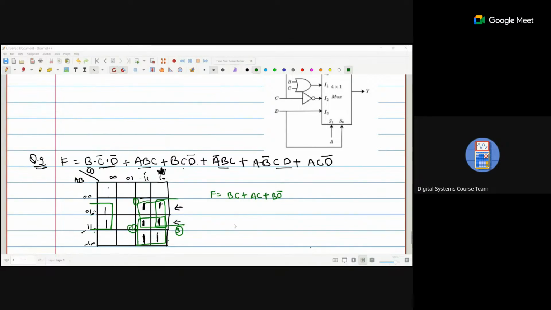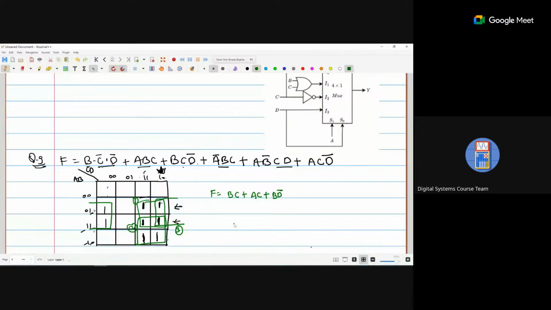Okay. Now, you see that the POS form is also mentioned. So where one is not available, that also. Okay. For the POS, again 3 groups. One is the top row, second is the second column, and third one is this.